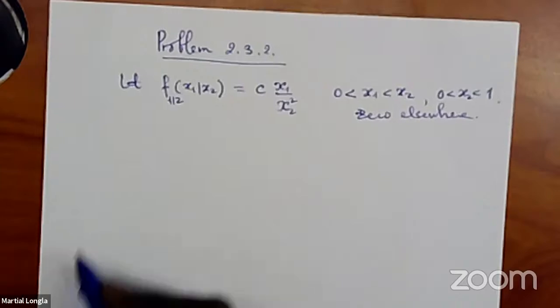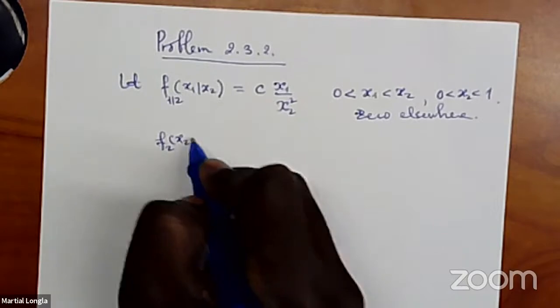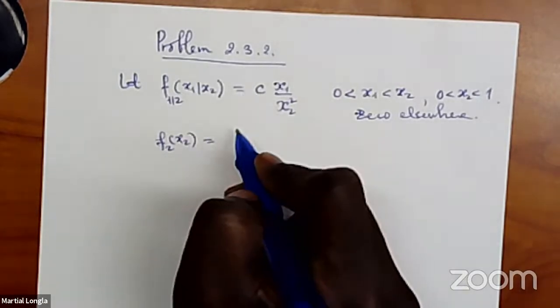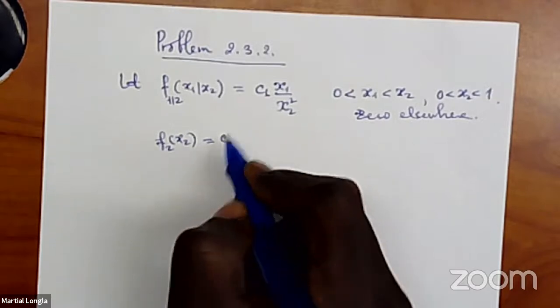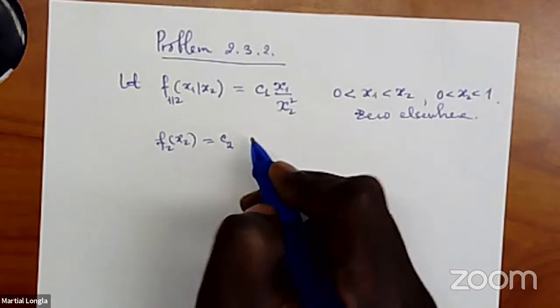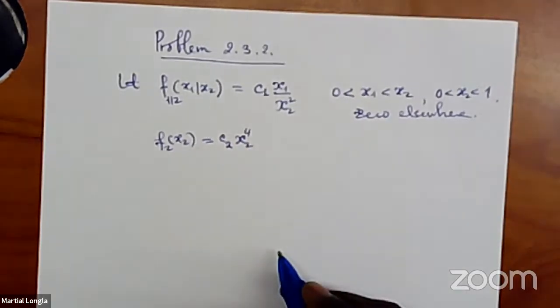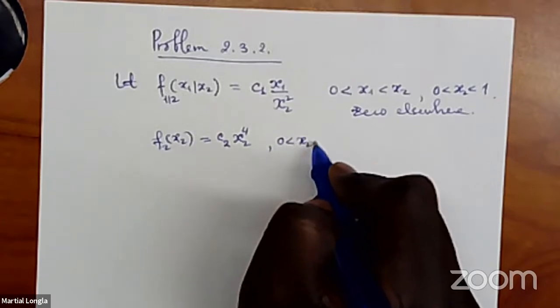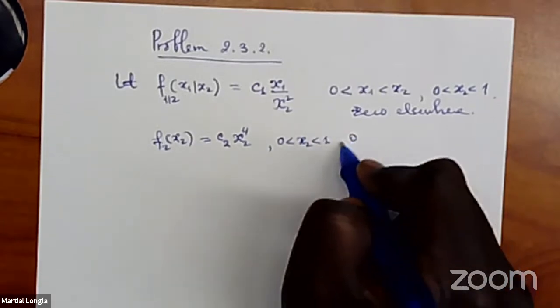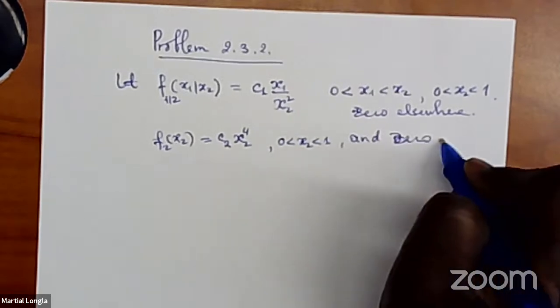And then f2 of x2 equals c2 x2 to the power 4 when 0 is less than x2 less than 1, and 0 elsewhere.